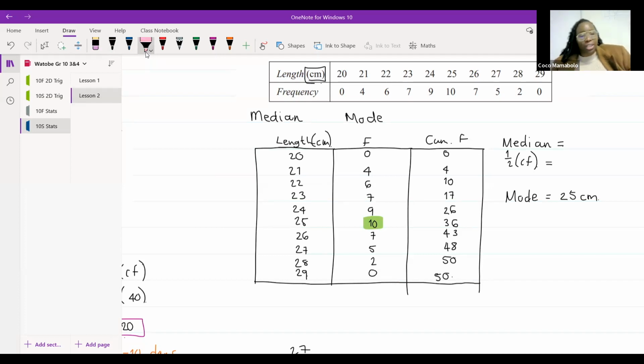Okay, Pascal says 23. Courtney says 25. Okay, guys, remember the cumulative frequency being at 25 doesn't mean that that's where the length is.